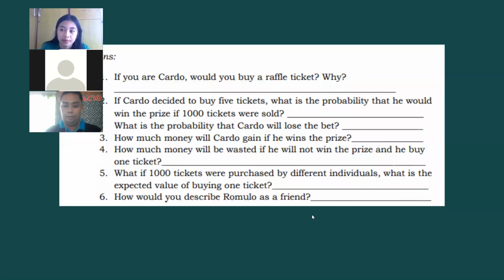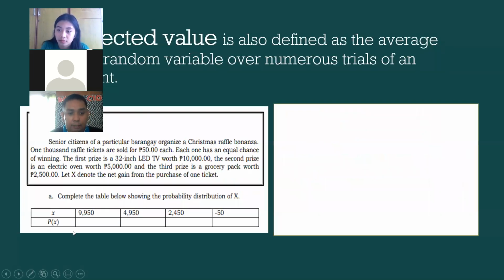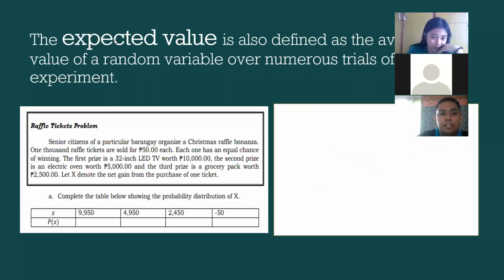Okay. So, para mas maintindihan natin, let's have another one. So, a senior citizen of a particular barangay organizes a Christmas raffle bonanza. 1,000 raffle tickets were sold for 50 pesos each. Each has an equal chance of winning.